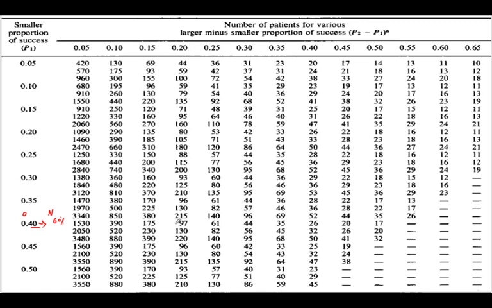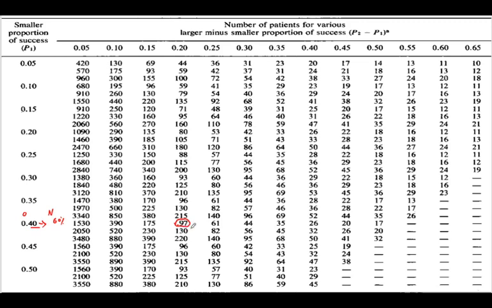Now if we coincide these two numerical values, we see this is 97. 97 individuals are required to enroll for this particular new treatment assessment in comparison to the old treatment. So this is how we calculate our number of individuals or sample size for any study. That's a pretty straightforward thing.